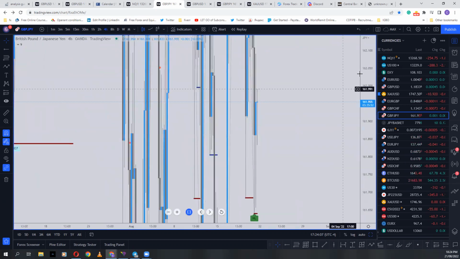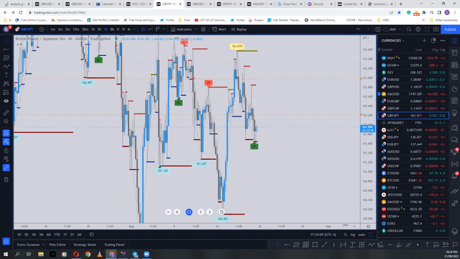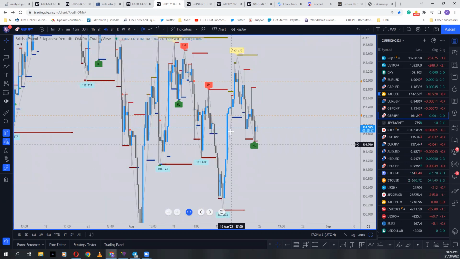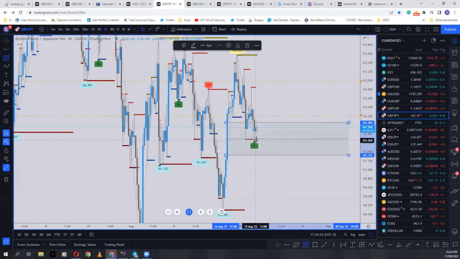If you look on the 4 hour, we have this impulse here. So this might just be a retracement to move higher. Price is sitting within an imbalance here. Yes, price is sitting at the 50% of this imbalance. So if this area holds, it might continue to the upside.